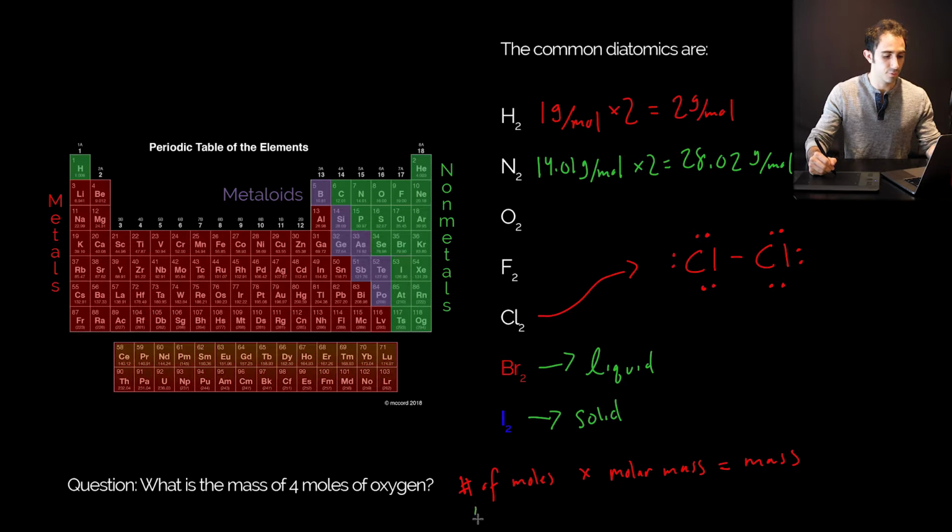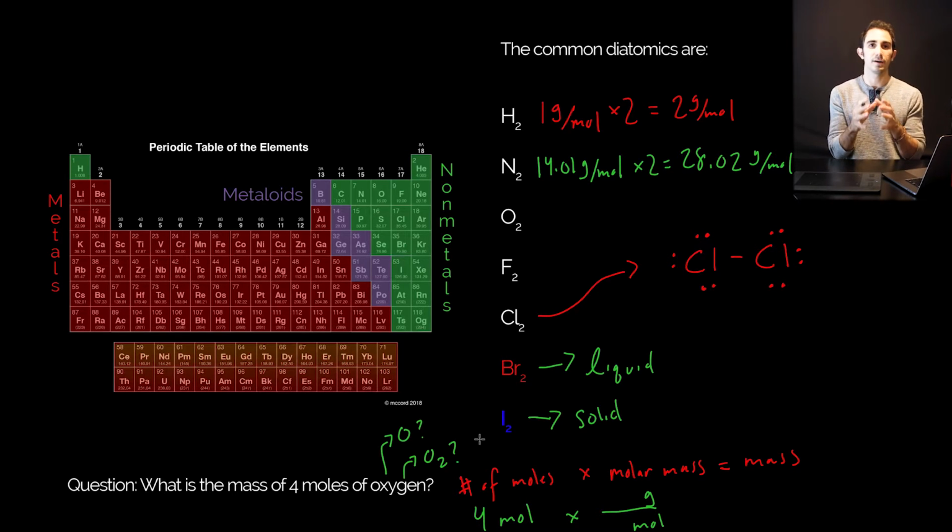And so I can take 4 moles, and then I can multiply by the molar mass of oxygen. But notice how it just says oxygen. Are they talking about O, or are they talking about O2?